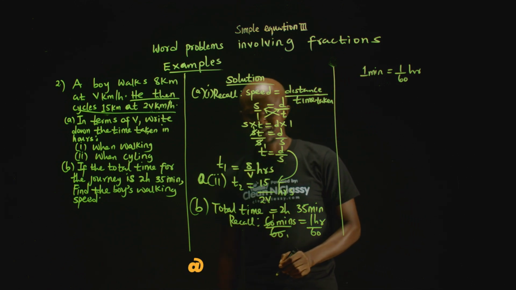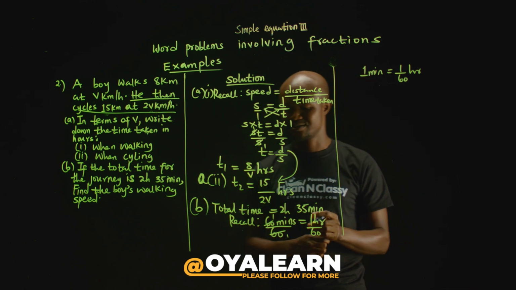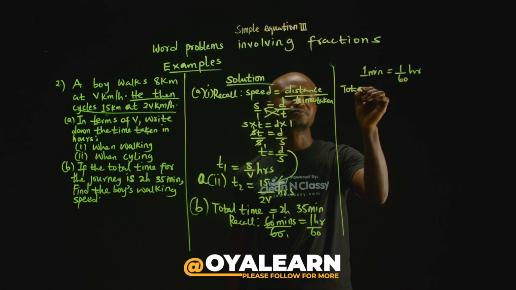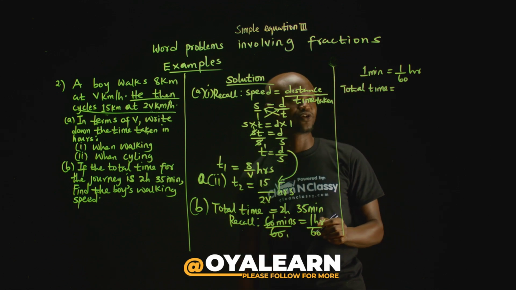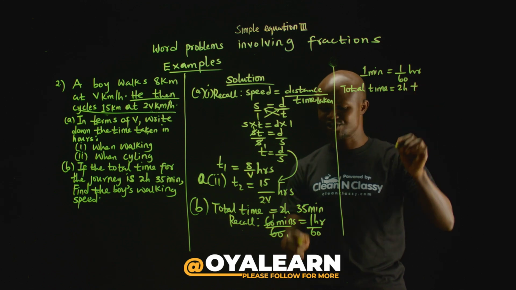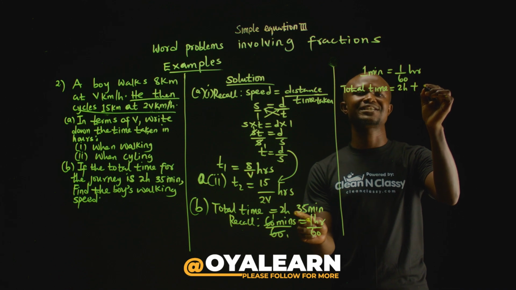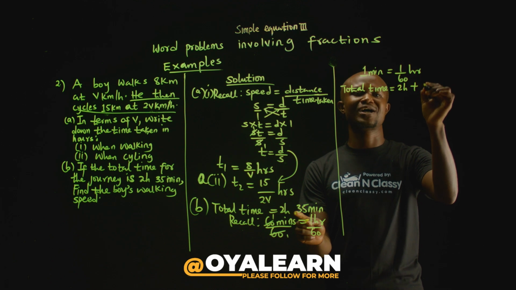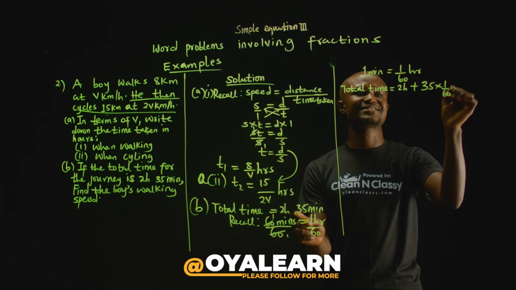Now, I want to convert 2 hours 35 minutes to hours. I want to express everything in hours. So the total time taken is going to be 2 hours plus 35 minutes. And 35 minutes in hours is what? 1 minute is 1 over 60 hours, so 35 minutes will be 35 times 1 divided by 60 hours.